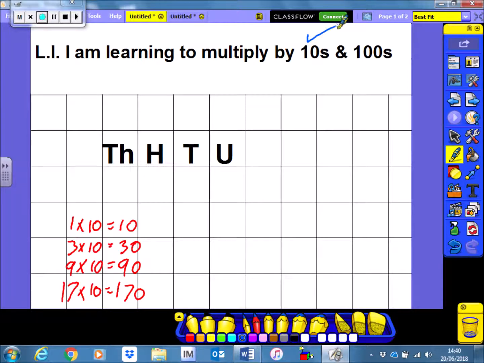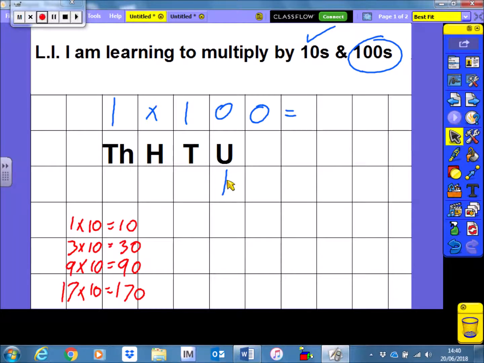So we've looked at multiplying by tens there. What about hundreds? Well, let's do the same thing as before. So this time we're going to have 1 times 100. Okay, so I've got my 1 unit here. If I times it by 10, it's going to move up to the tens column there.